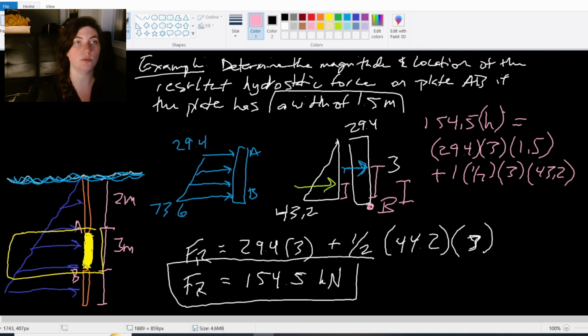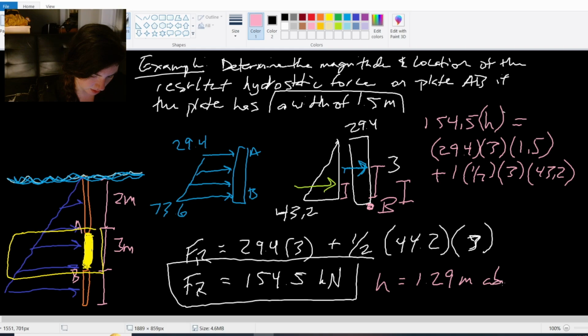Right, so just taking a moment equation to find what that resultant height is, what that height above B is. So that gives me a height of 1.29 meters above point B.